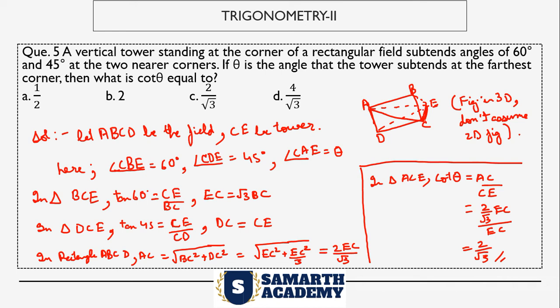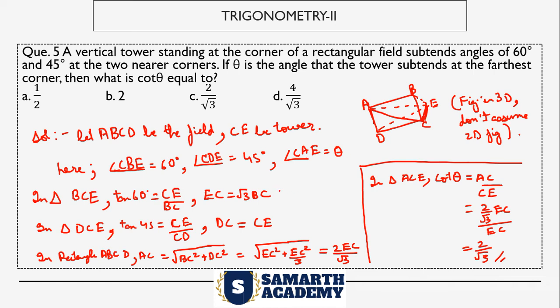So here it is given that this angle is 45, it means CE equals DC, right? And this angle EBC is given as 60, it means EC upon BC is equal to root 3, right? So EC becomes root 3 times BC, right?